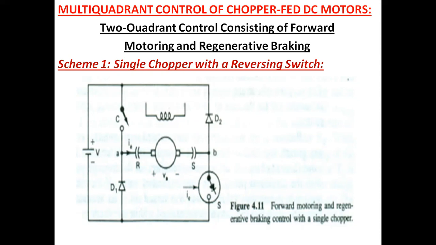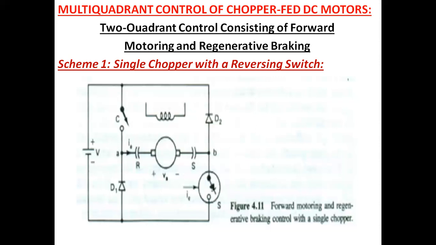This two-quadrant chopper can be realized in two ways. The first one is called scheme 1, in which only a single chopper with a reversing switch is used.